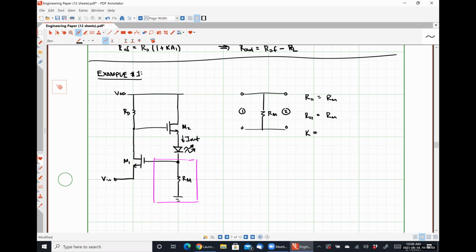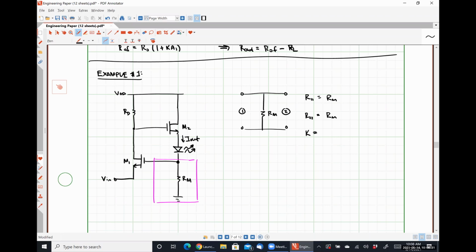For our feedback factor, we're just going to talk our way through this. So if I applied a current source to port 2 and measured the voltage drop over port 1 while it was open circuited, I would see that the voltage at the output, or at port 1, is simply the current times that resistor R sub M, right?